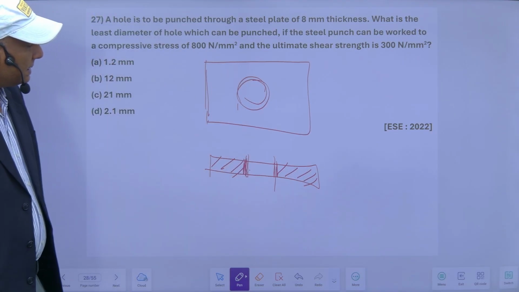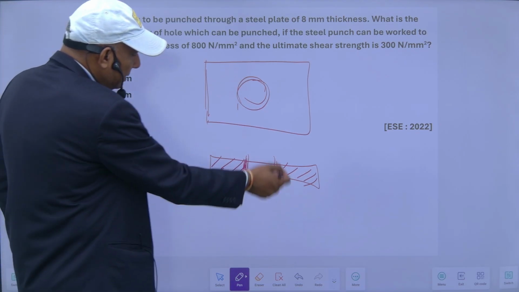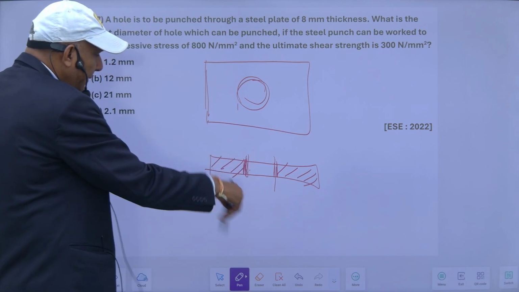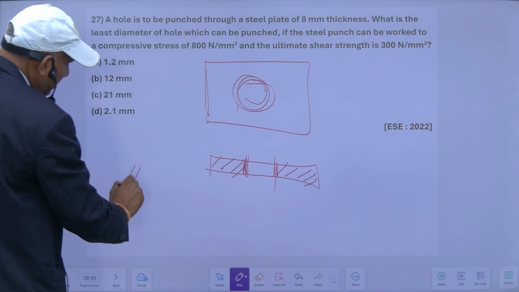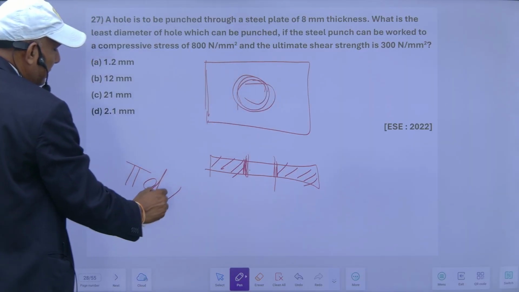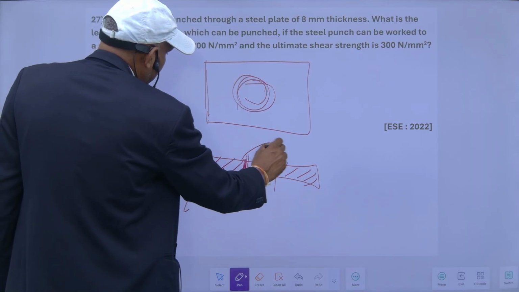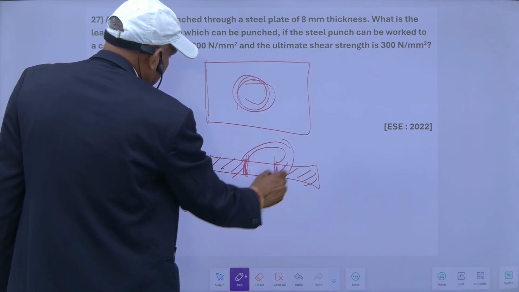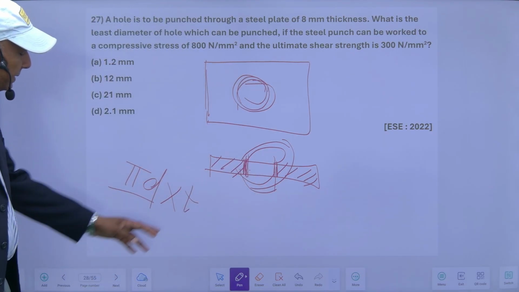So these shear stresses will be developed on the periphery. Periphery means this is pi d, the circumference. This is the length into its thickness. So on the periphery, this is the circumference into the thickness.